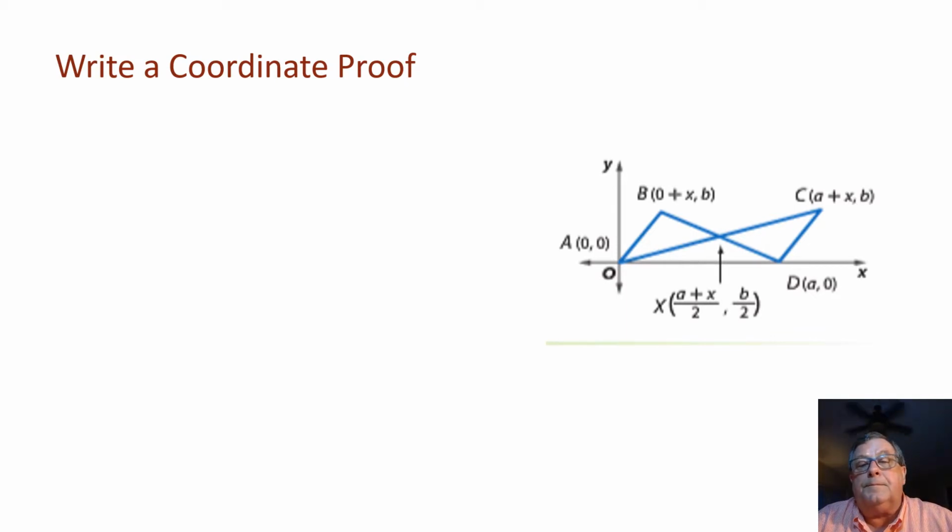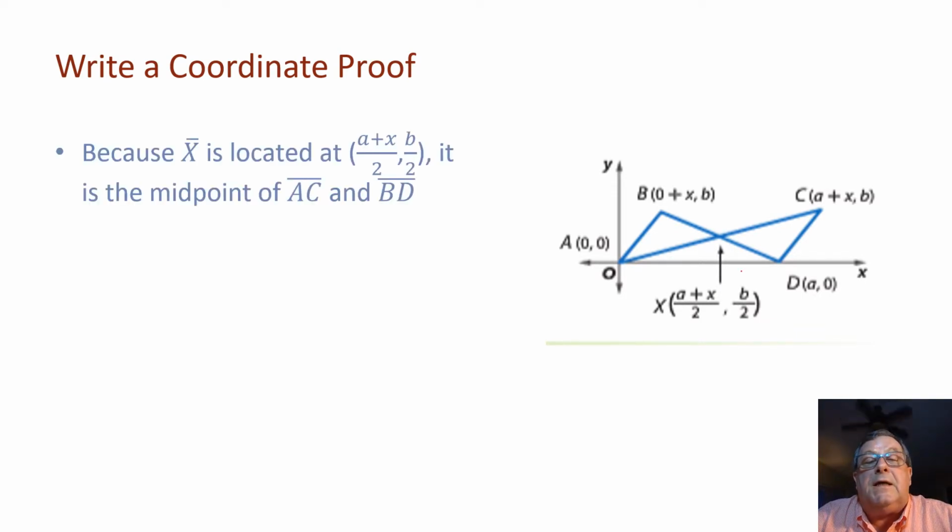Okay. So since that's true, since X is located at A plus x over 2, comma B over 2, it is the midpoint of AC and BD. Well, Shazam, how about that? We could probably recognize that by looking at it.